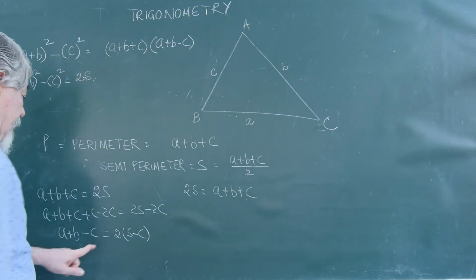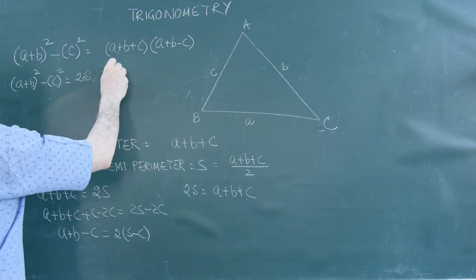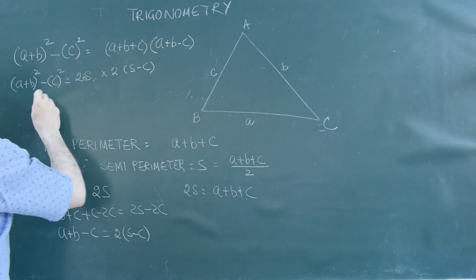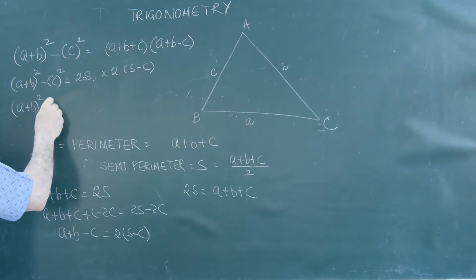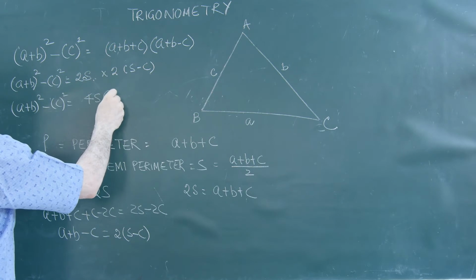And a plus b minus c is how much? It is 2 into S minus c. So a plus b whole square minus c square could be 4S into S minus c.